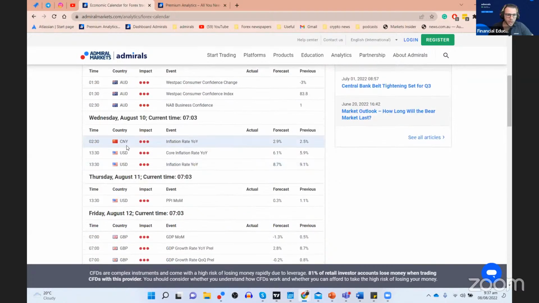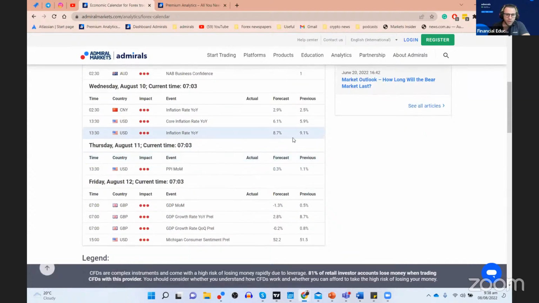Then on Wednesday, we expect to see China's inflation rate to see if it's going to increase based on the forecast. And then later on, we expect to see the number of the inflation rate in the USA, and it's going to be a surprise to see the 9.1% drop down to 8.7%. So we keep an eye on that.